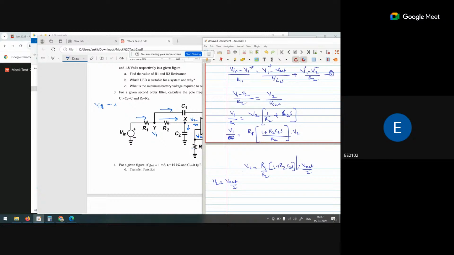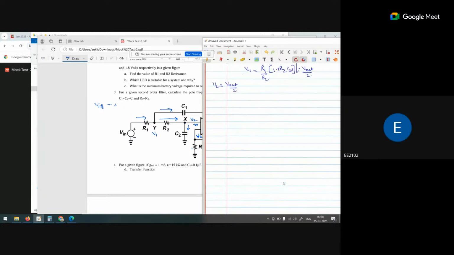Can you calculate the transfer function now? Yes. Okay, so V in terms will be on one side and all V out terms on the other side. Now take V out common and just solve it. Sir, and then it has to be compared with that formula, 1 divided by 1 plus s upon omega p.